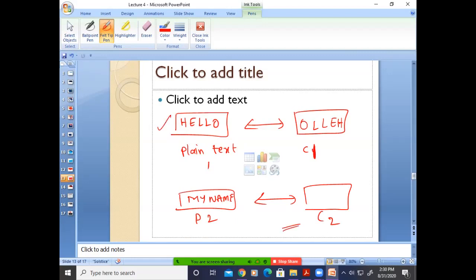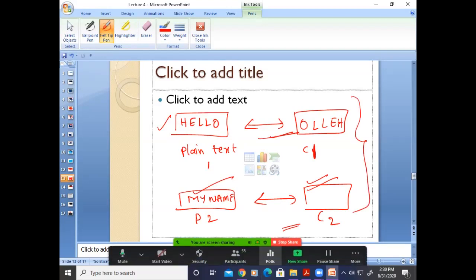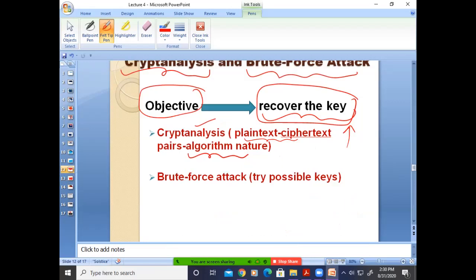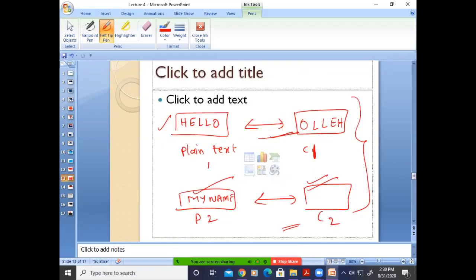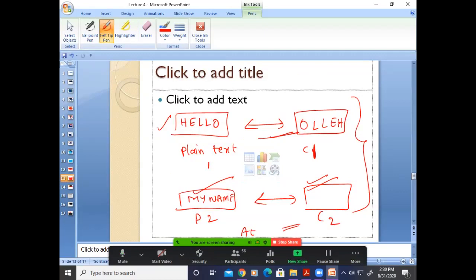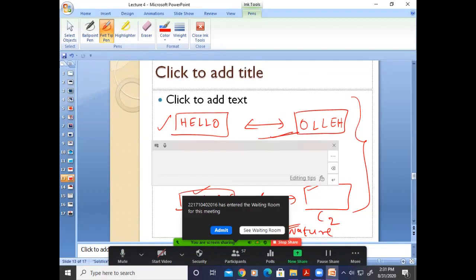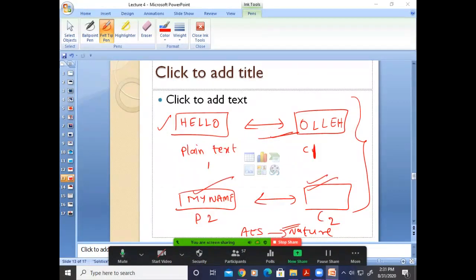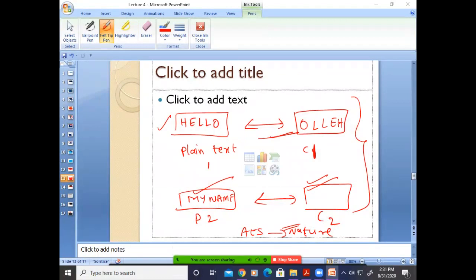So these are plain text and ciphertext pairs. If I know these patterns, and if I know the algorithm nature, say I am using the AES algorithm, then based on these two, the opponent may extract or obtain the key.